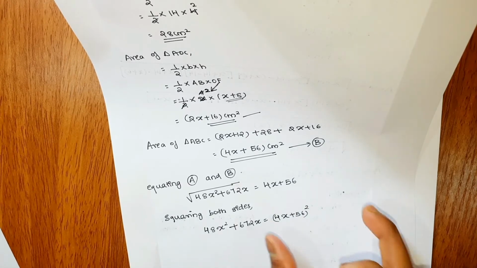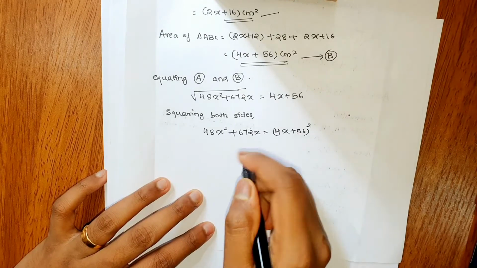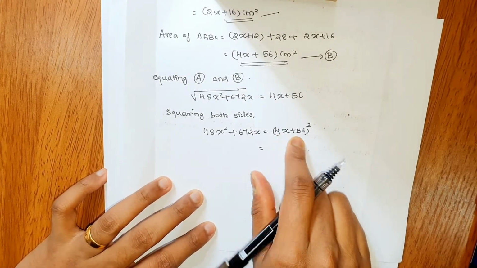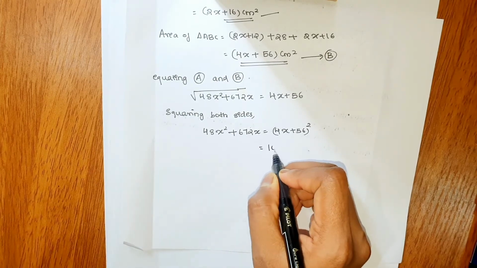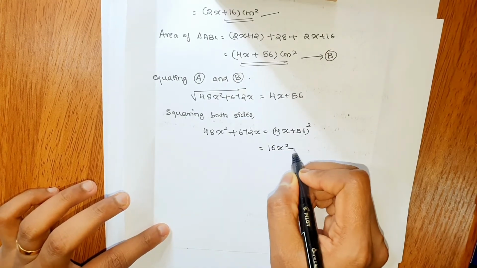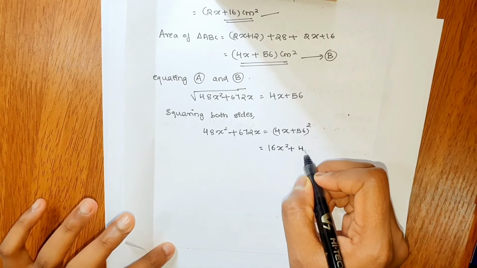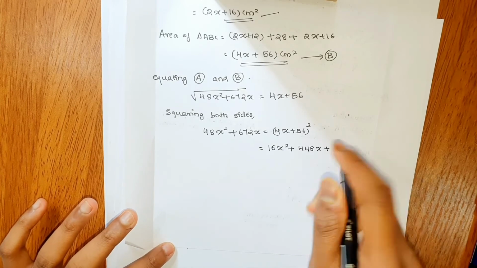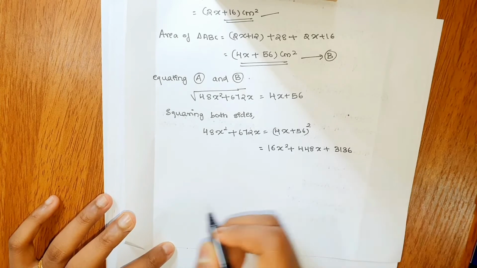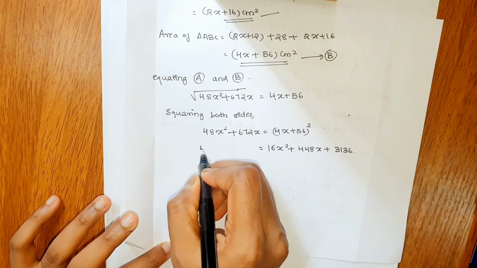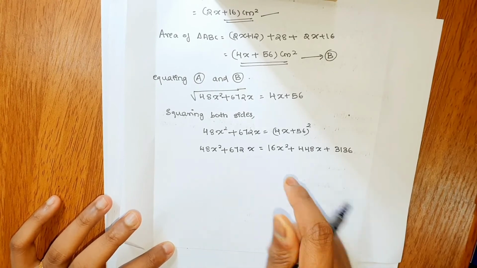Okay. Next we can arrange the terms. First we can expand this. So students, I am expanding this, a plus b the whole square. A square plus, so 4x the whole square is 16x square plus 2 into 4x into 56. I get 448x plus 56 square, that is 3136. Okay. So here it is 48x square plus 672x.